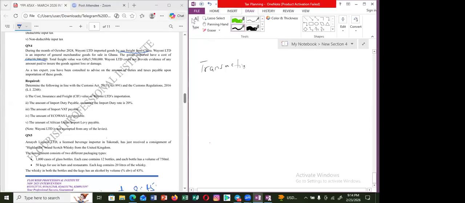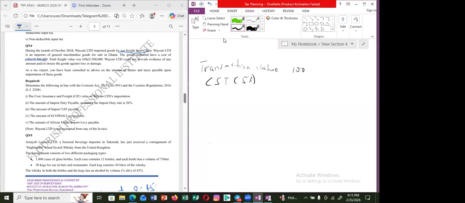So if the transaction value, let's assume, is 100 cedis. If you have communication service tax, it is normally at 5%, right? So please, 5% of 100 gives you basically 5, right?